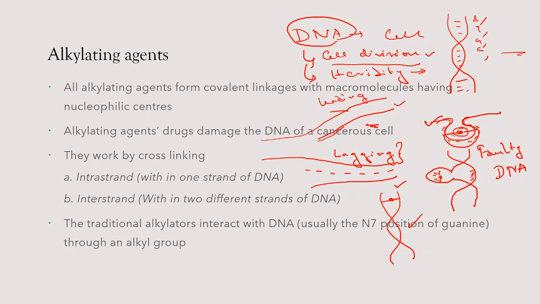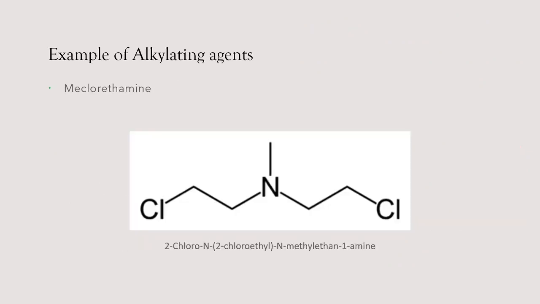So let's see some examples of such a drug. The first drug we have discussed is known as mechlorethamine. This is how we can divide the name for better pronunciation, and for understanding the structure of that drug. In the name itself, we understand there is a methyl group, chlorine group, and amine, that means some ethyl group with an amine group will be present.